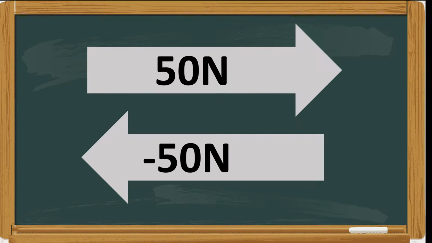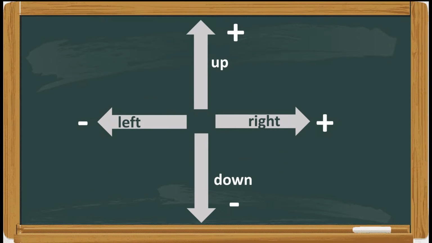The magnitude of the force can be positive or negative depending on the direction of the application of the force. The magnitude of the force is positive if it is exerted upward and negative if it is downward. It is also positive if it is exerted to the right and negative if it is towards the left.